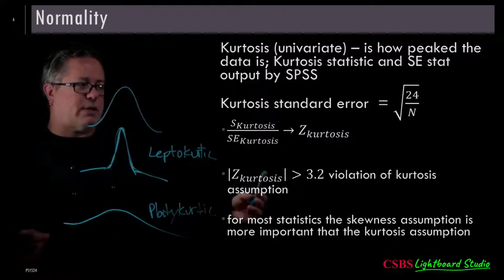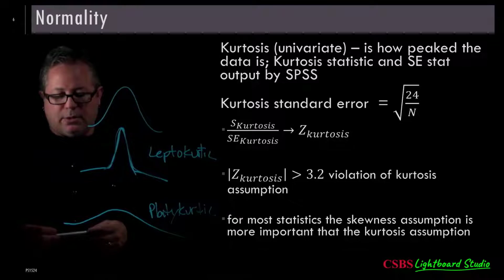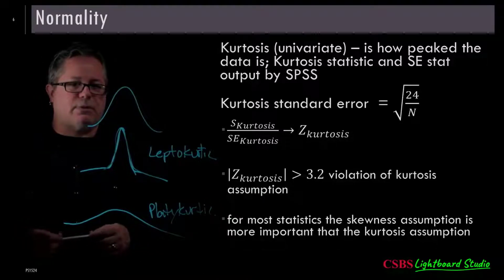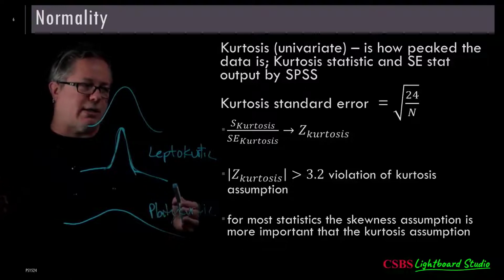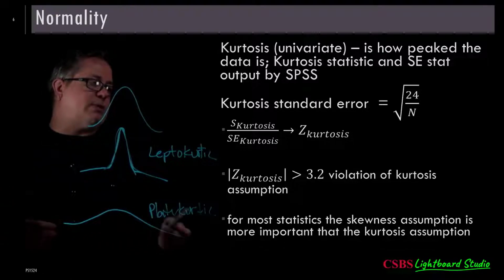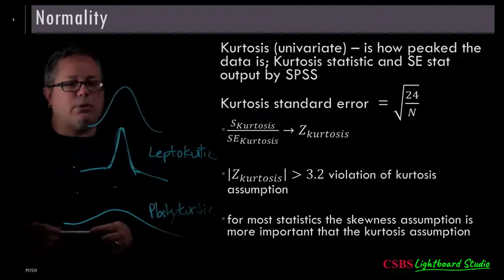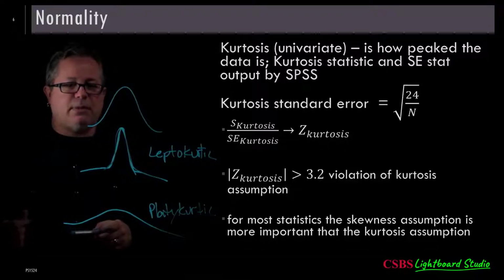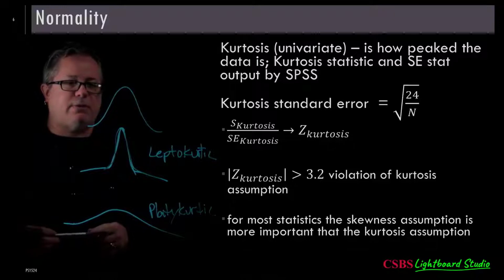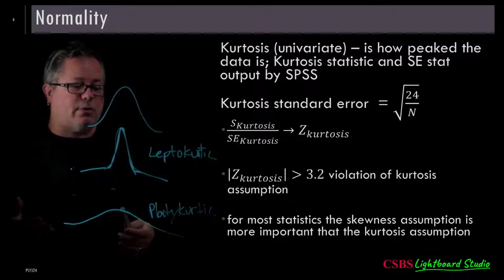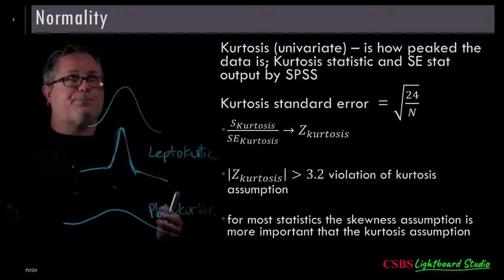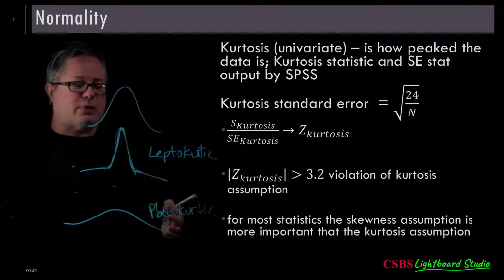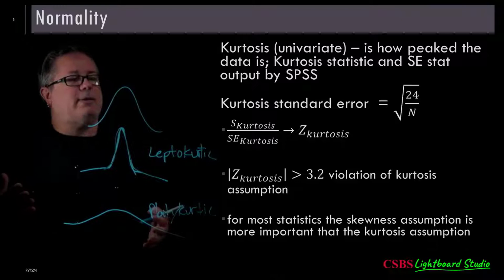Again, if the absolute value falls outside of 3.2, then it's significantly kurtotic. For most statistics, the skewness assumption is more important than kurtosis. Skewness affects the mean, while kurtosis affects the standard deviation, the standard error, or the within groups variance. So that's why they both have an impact.